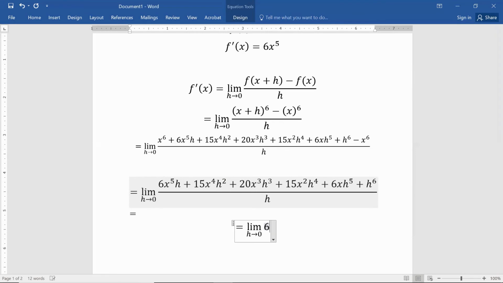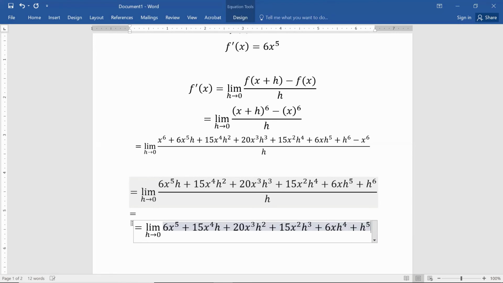And if I divide by h, I get 6x to the fifth plus 15x to the fourth h to the first. I just lower the exponent on h by 1. Plus 20x to the third h squared plus 15x squared h to the third plus 6x h to the fourth plus h to the fifth.